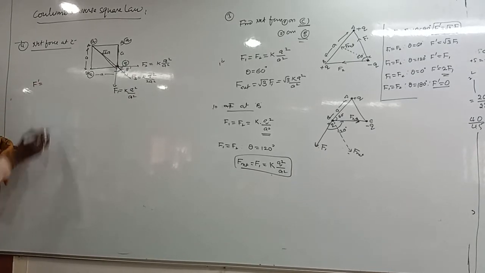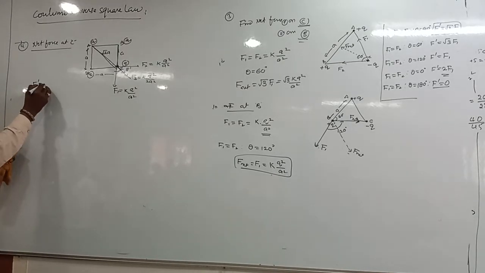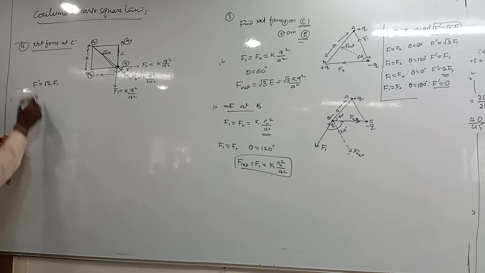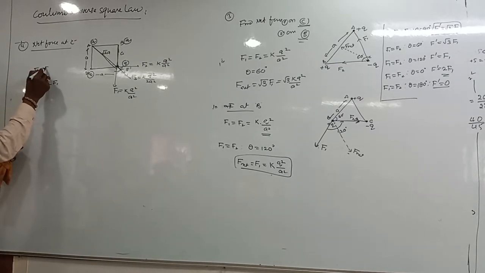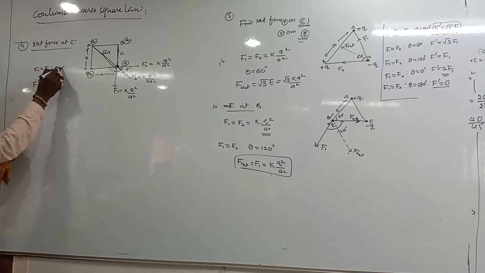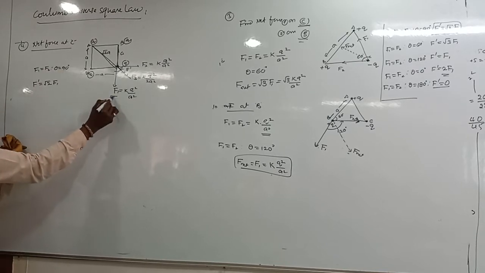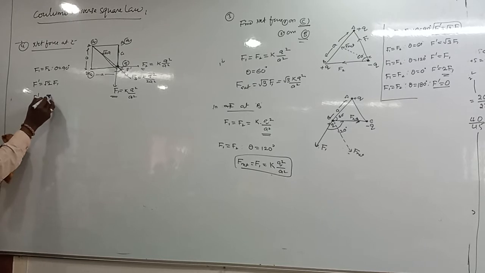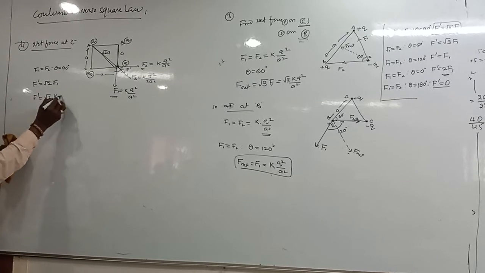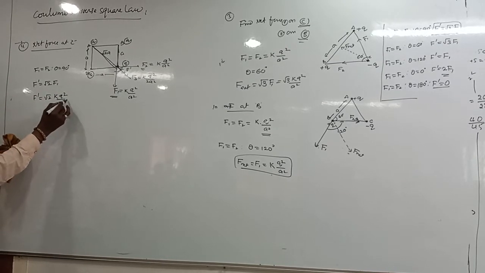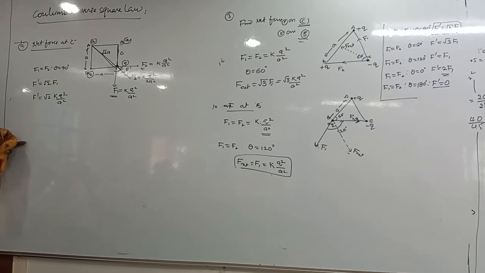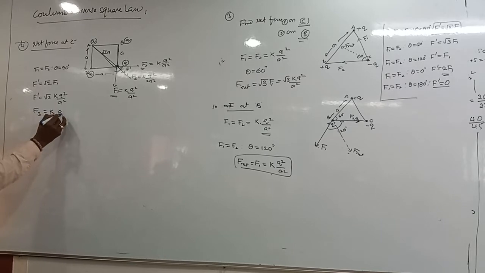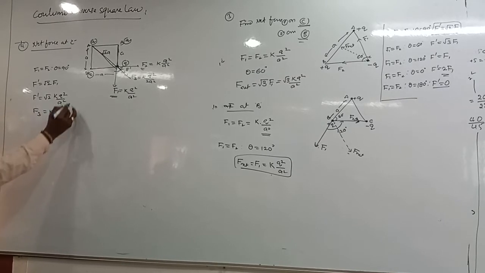F dash is equal to root 2 times F1, because F1 is equal to F2, theta is 90 degrees. That F dash is root 2 into F1, K into Q square by A square, and F3 is also there, K into Q square by 2A square.